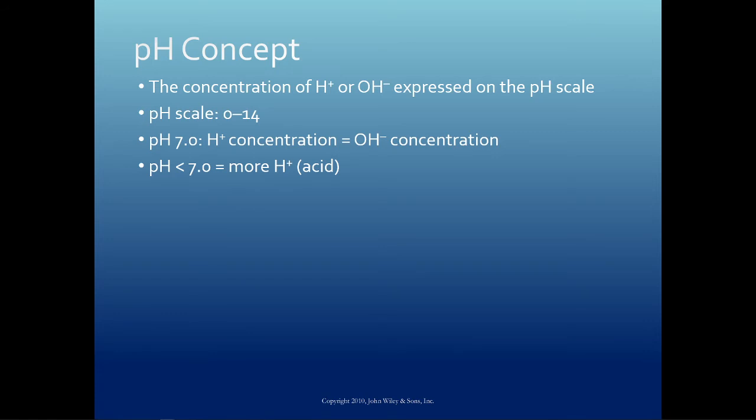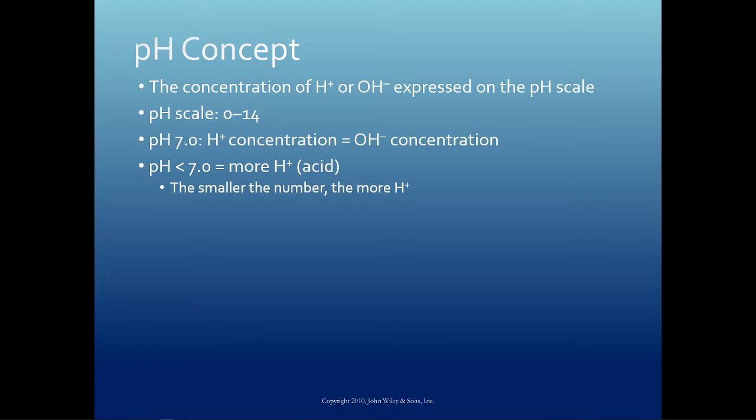Right, so if the pH is less than 7, it means we have more H's. If I have two liquids and one has a pH of 6 and one has a pH of 1, the one with a pH of 1 is a lot stronger of an acid than the one that's a pH of 6.